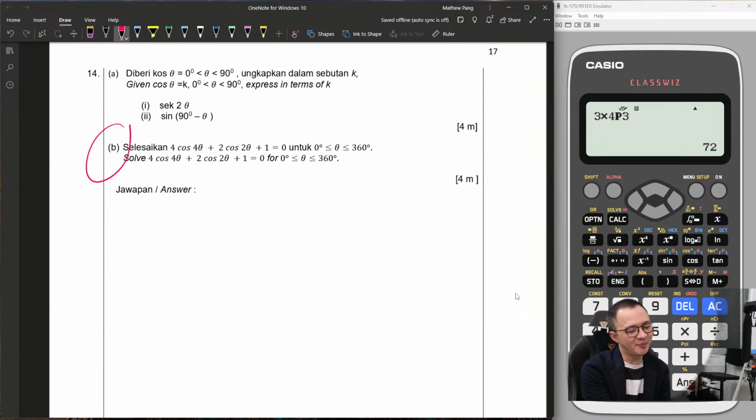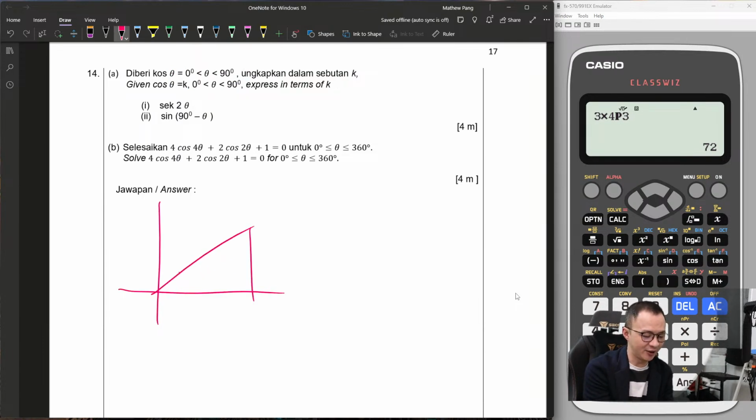14. Okay, I will say B is a bit hard lah. I will not say D also is easy, but it's not very hard. Let's do one by one first. Cos theta in the first quadrant. So I will draw the triangle in the first quadrant. This is theta. Oh, I think in the Malay version they missed out a k, right?